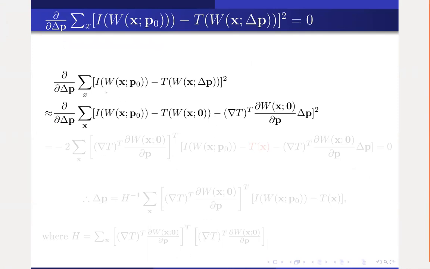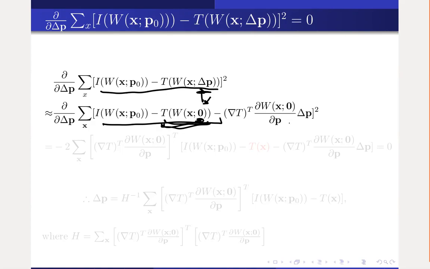So now we want to redo the same thing. I won't go into detail, but we take the partial derivative with respect to delta p. Again, I can do a Taylor series expansion, but now this is not P0 plus delta P, it's just equal to delta P. So this is just the template warped by 0, and this doesn't change.